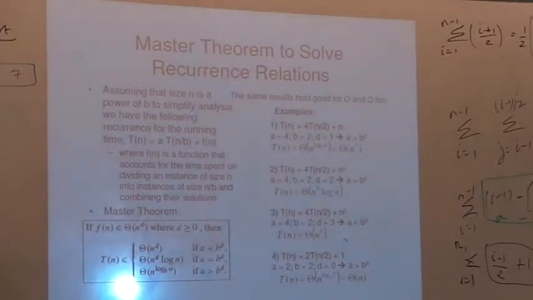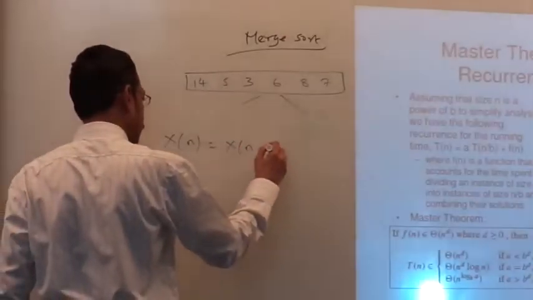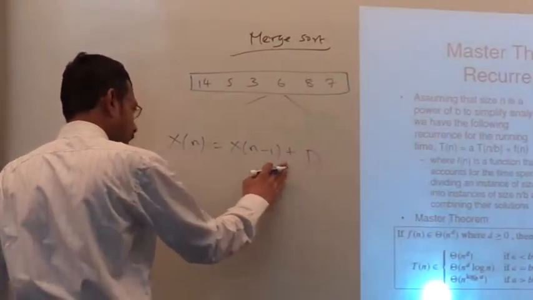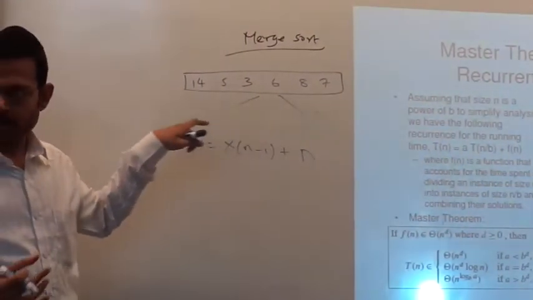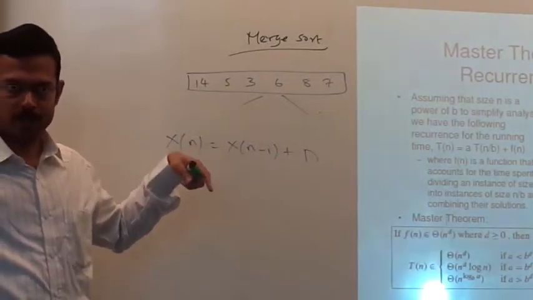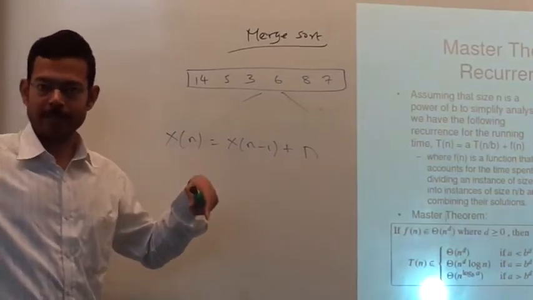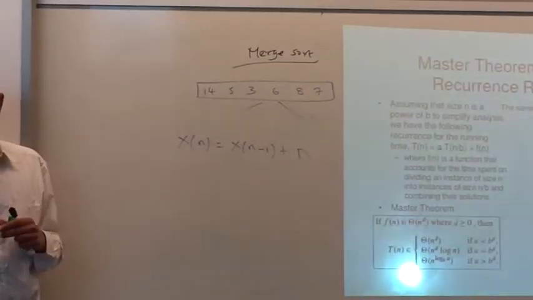Remember, we solved something like x of n as x of n minus 1 plus n. We just substituted for x of n minus 1 again, and then got x of n as x of n minus 2 plus something, and then we generalized it to an i-th term, and then we had a base condition to which we reduced. That's what we did in the previous module, if you remember.